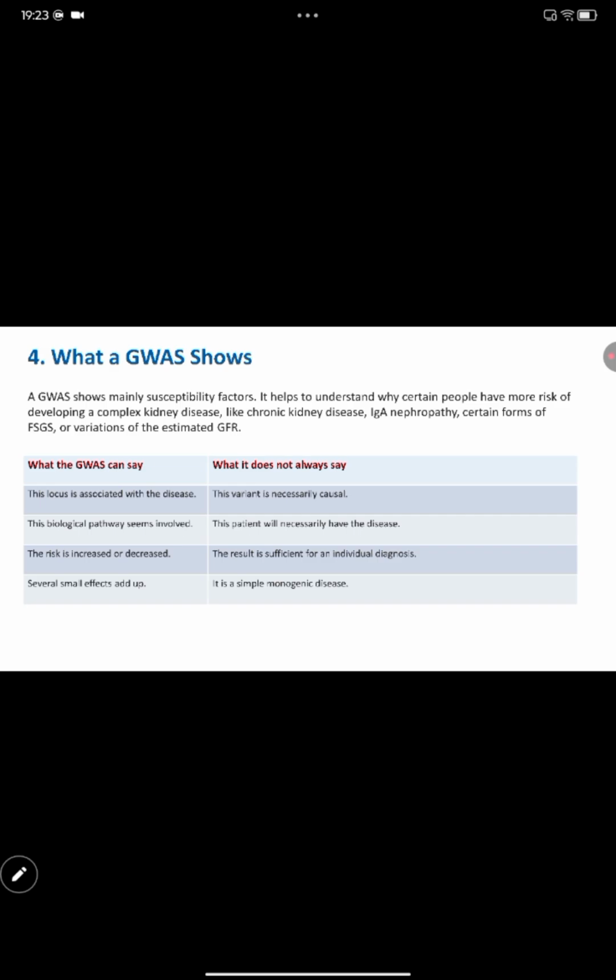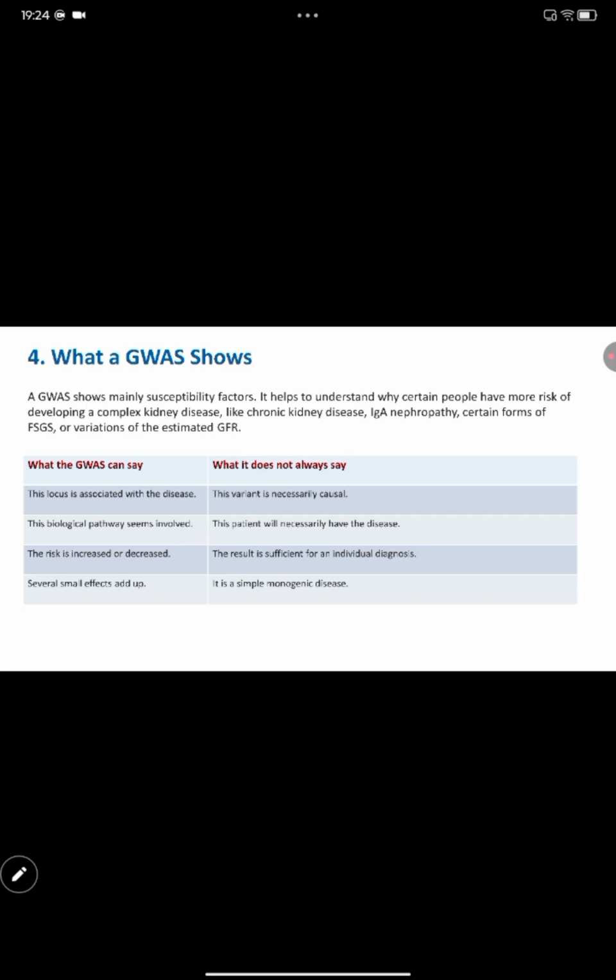But it does not tell us that a variant is necessarily causal, that a patient will definitely develop the disease, that the result is sufficient for individual diagnosis, or that the disease is monogenic.